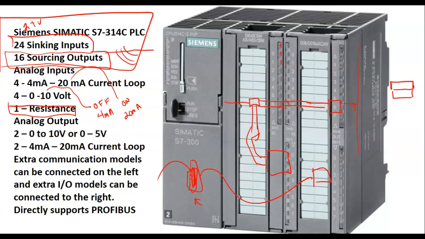Ours is running off 24 volts. So if the LED on an input is on, you know that 24 volts is getting to the PLC. So what you just did is you checked all the wiring from the sensor to the PLC without pulling out a meter.